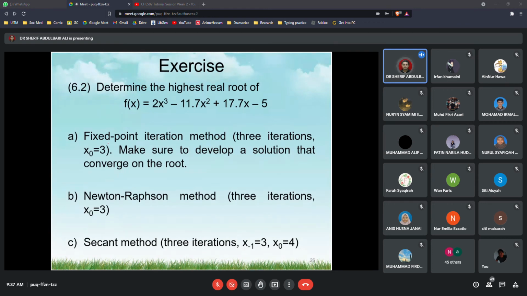What you need to do here: first, use the fixed point iteration method, just 3 iterations only, and try to develop convergence on the root. And also the Newton-Raphson method, just 3 iterations to find the answer. And also the secant method, 3 iterations with the initial values of x equal to minus 3 and x equal to 4.